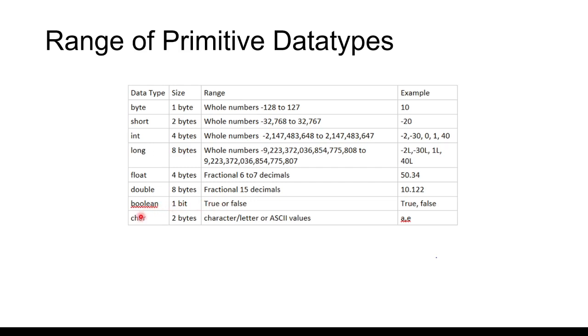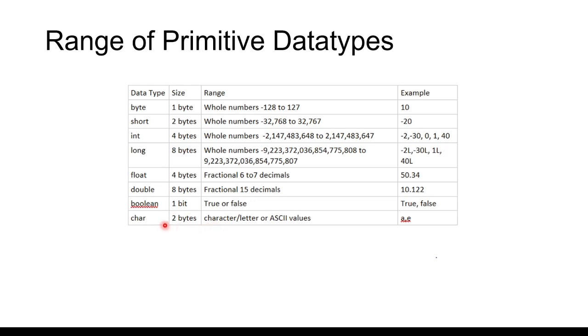And char has 2 bytes, and it can store different types of characters like numbers 1, 2, 3, or alphabets, or any special symbols. All these characters, like numbers, alphabets and special symbols, each one has some ASCII code.